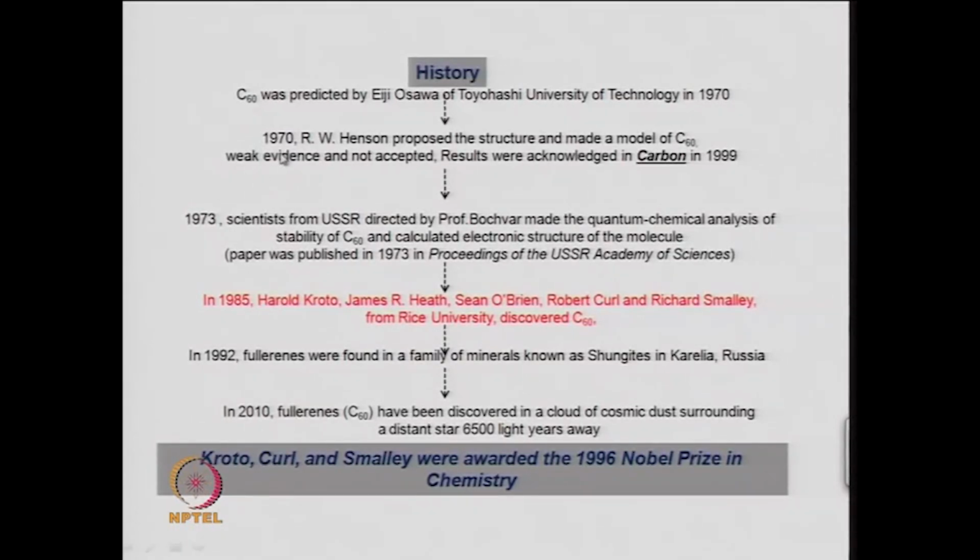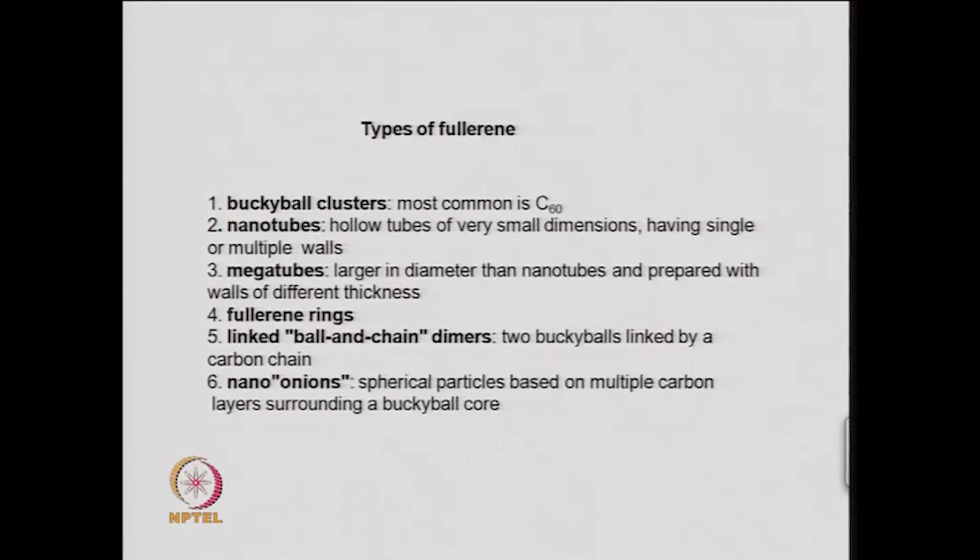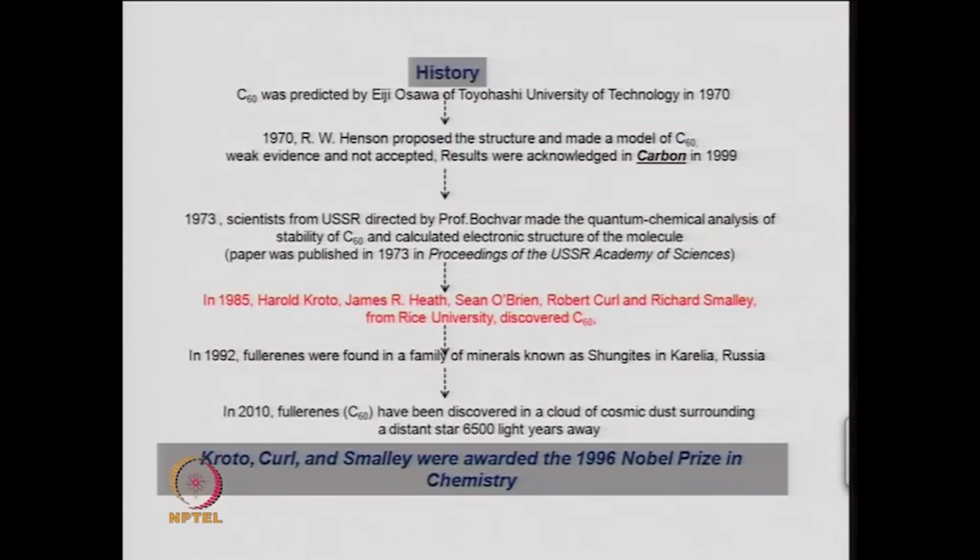In 1970, there was another proposal of a model of C60, but the experimental evidence was not very strong, and hence this structure was not accepted at that time. These results have been later acknowledged, for example, in the journal Carbon in 1999, much later, that Henson proposed this structure in 1970. Today we know that it is correct and it is known experimentally.